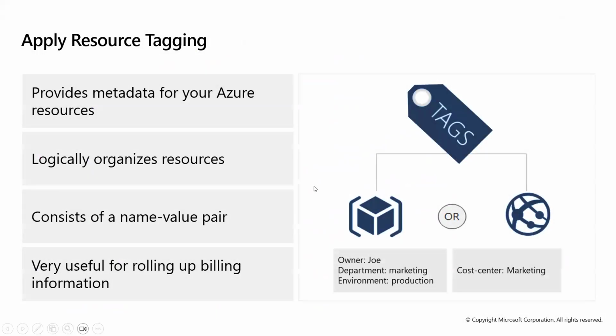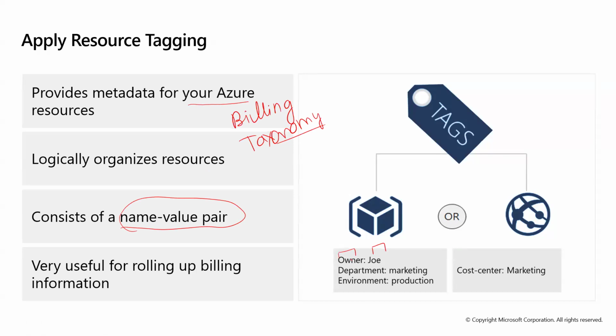Now let me also discuss resource tagging. Resource tagging is also an important concept. It's only used for the billing taxonomy. It's very helpful in the billing taxonomy. For example, you could create any type of key value pairs, like owner Joe, department marketing, environment production, cost center marketing.